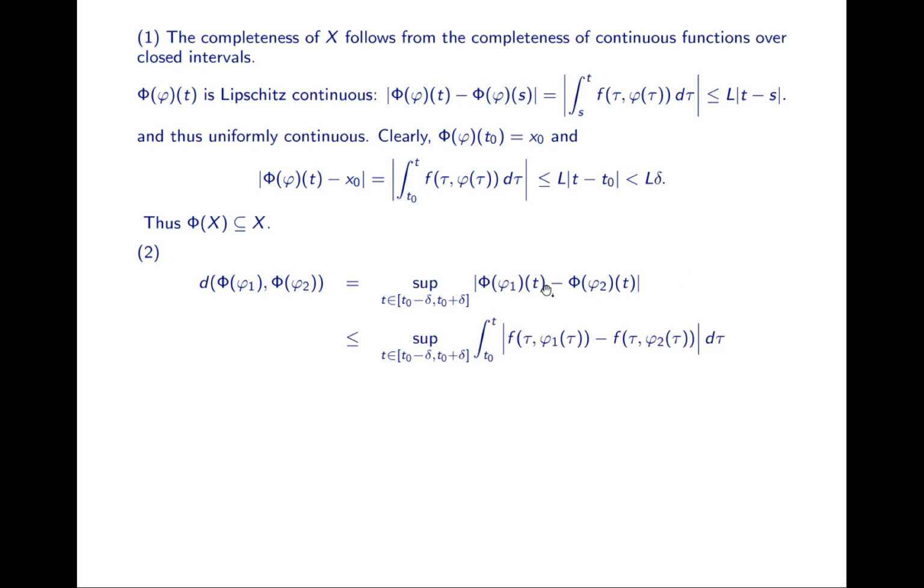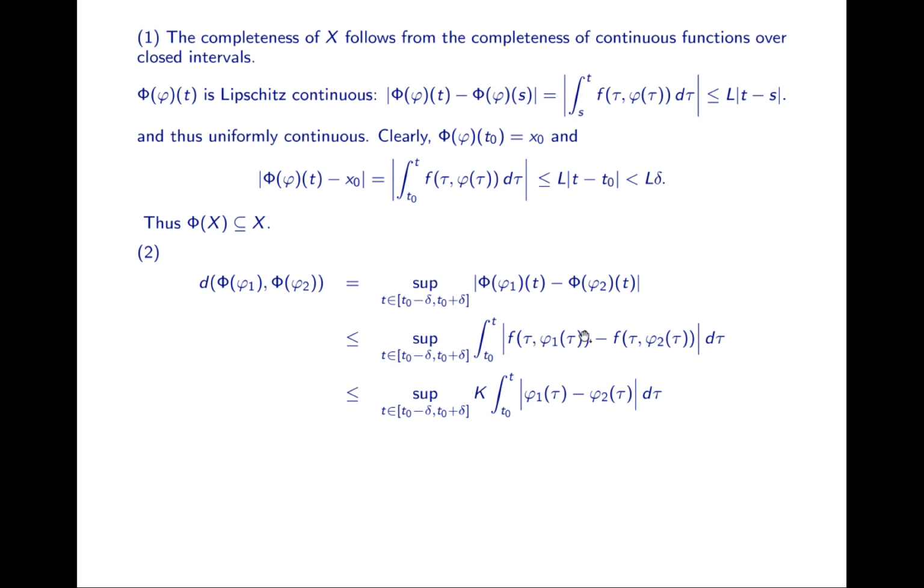Well, what is that difference? That difference is the integral from t naught to t of f of tau, phi 1 of tau minus f of tau, phi 2 of tau. I pass the absolute value inside the integral by using the triangle inequality for integrals. That's why I have a less than or equal to here.